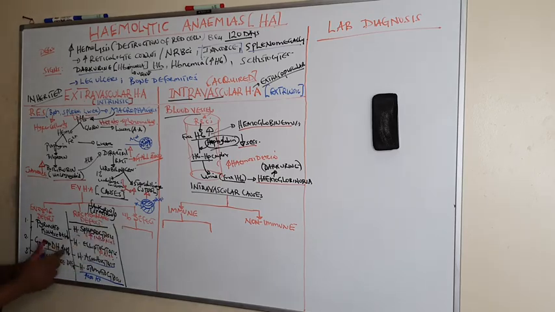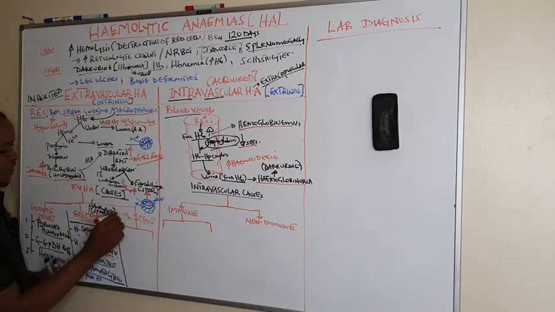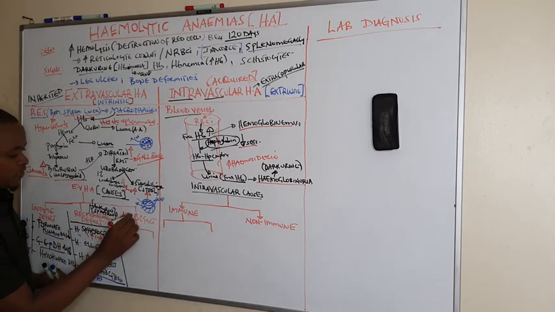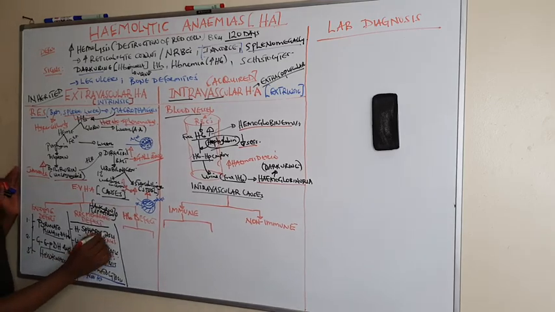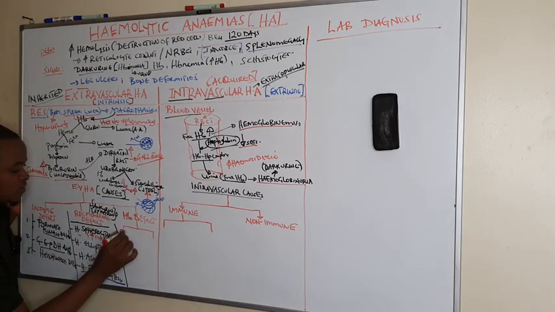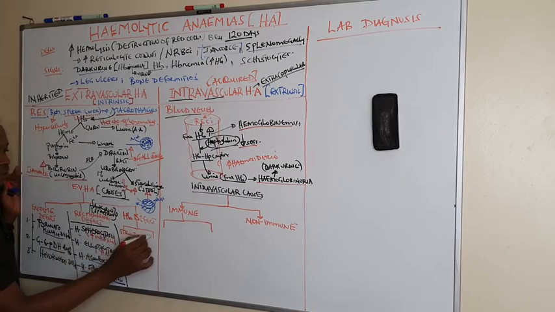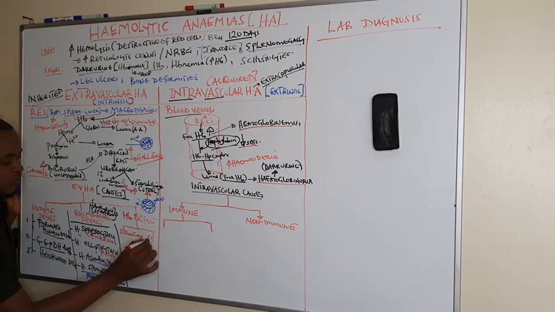Then other causes are due to hemoglobin defects. We can have those that affect the structure, that is hemoglobinopathies, and those that affect the synthesis of globin.